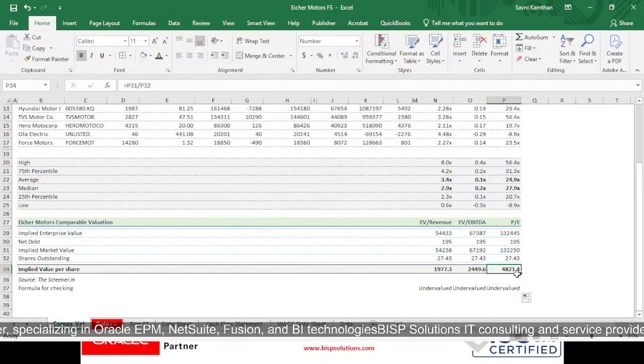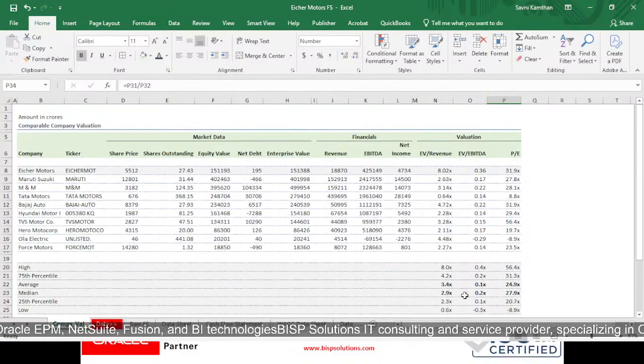So in conclusion, based on all these three valuation methods, Eicher Motors is trading at a premium compared to its peers. That means investors might be paying more for the brand, growth expectations, or market confidence, right?